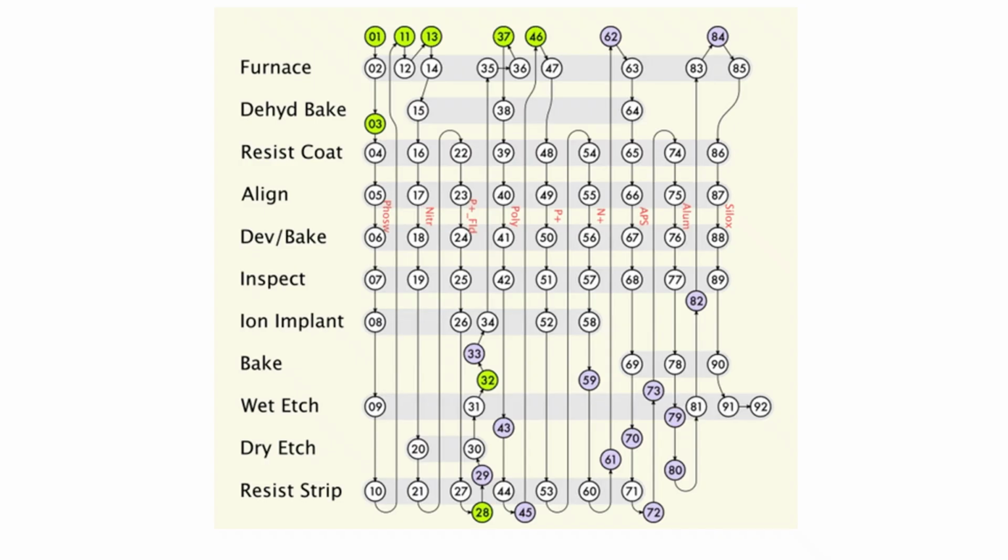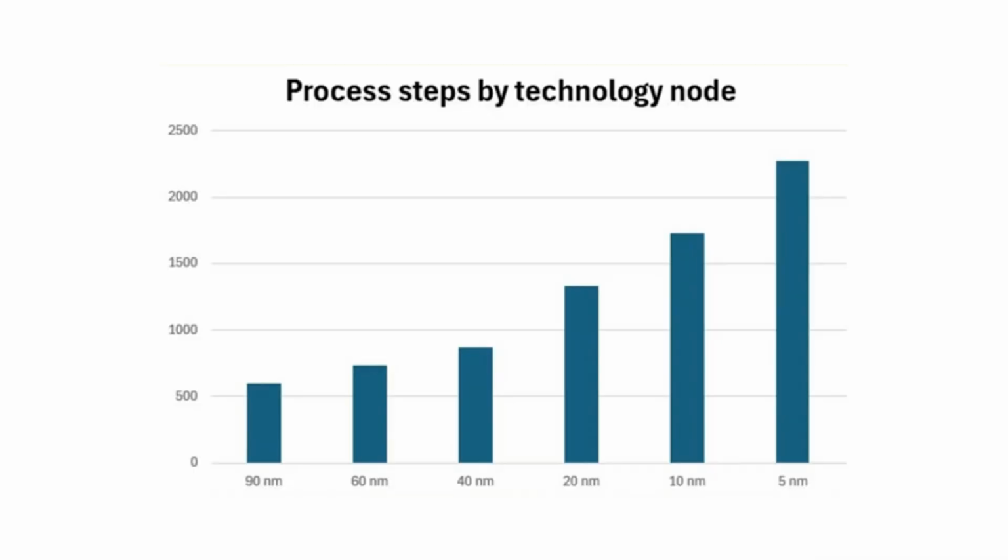This one, for example, is just a schematic illustration showing that you can have 92 steps before completing the circuit processing. The process steps by modern technology nodes, from 90 nanometers, 60, 40, 20, 10 nanometers, all the way to 5 nanometers. 5 nanometer nodes can go to as many as 2,500, definitely more than 2,000 steps of processing in a cycle.